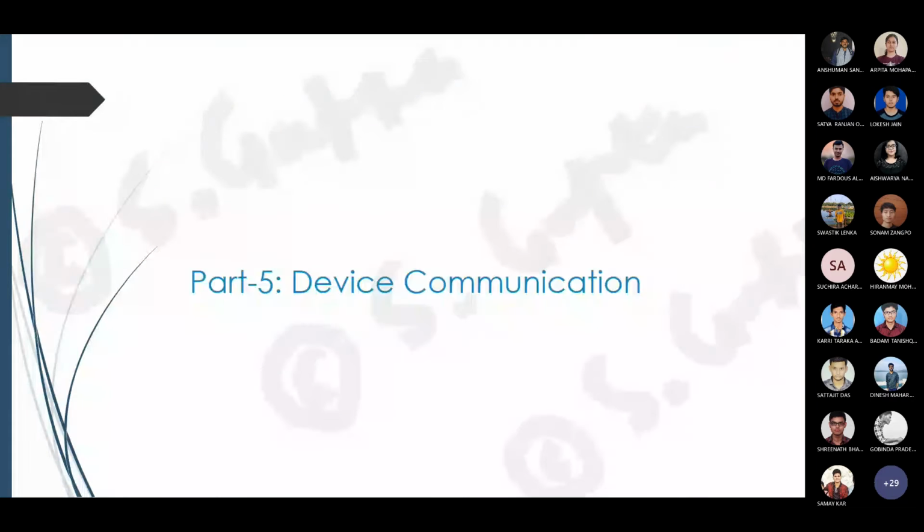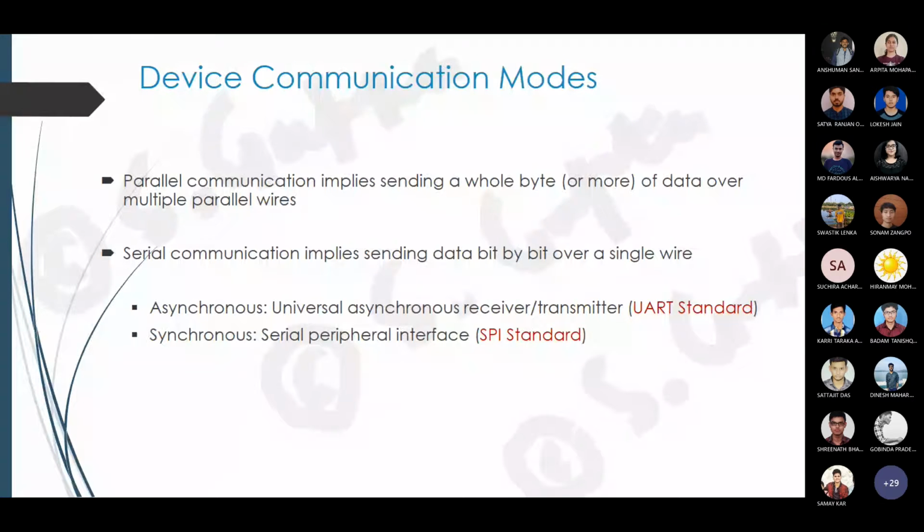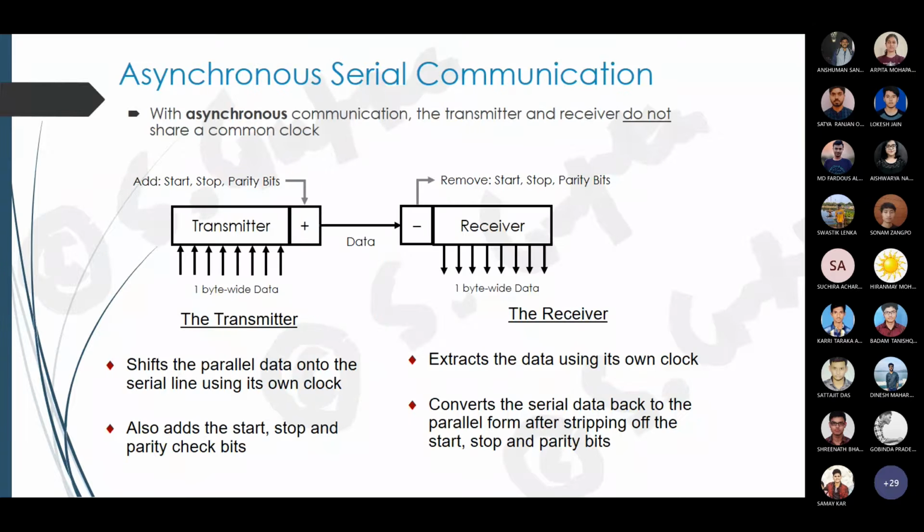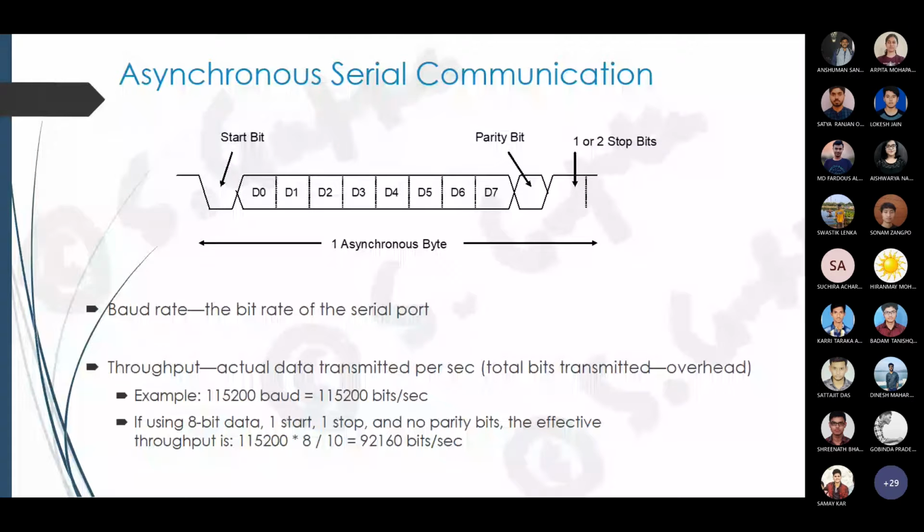Now we can go to device communication, which we also came across when we studied the 8085. We already know what the UART and SPI standards are, and what the transmitter and receiver are doing.